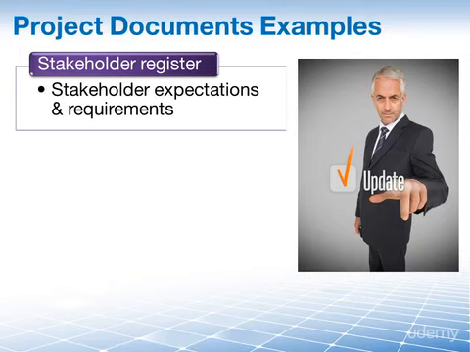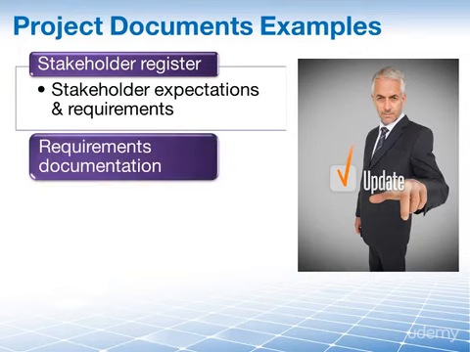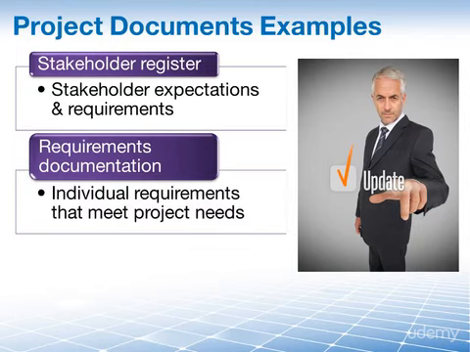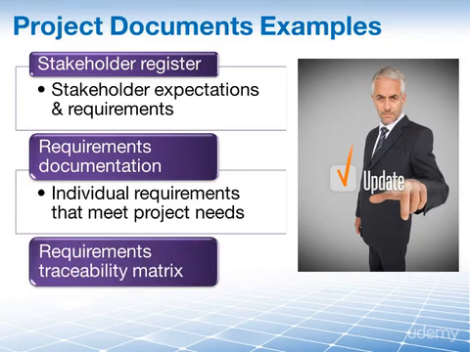Then we have the requirements documentation. This describes how individual requirements meet the needs for the project. Requirements typically start out at a high level but progressively become more and more detailed as more is discovered about them.